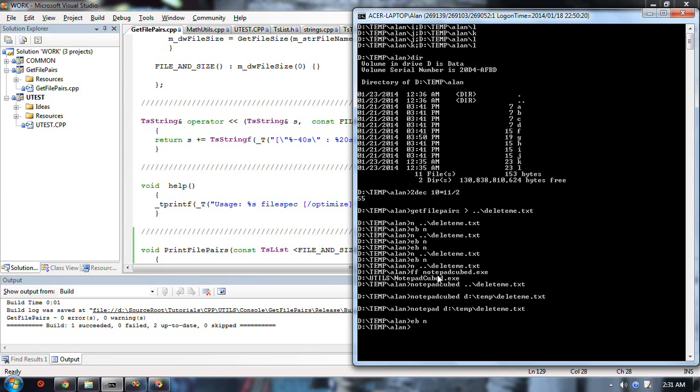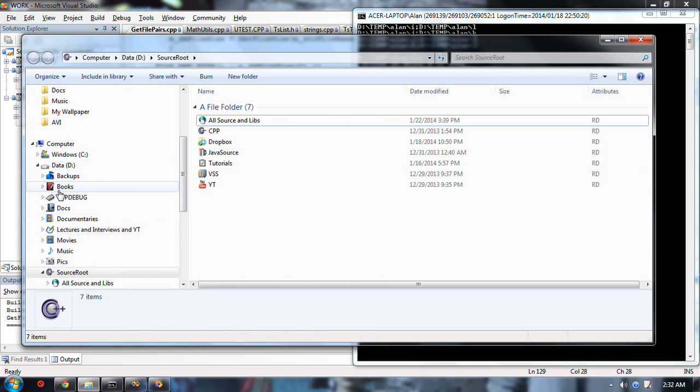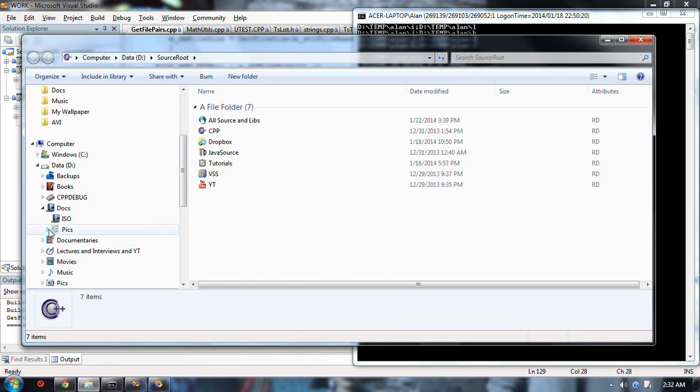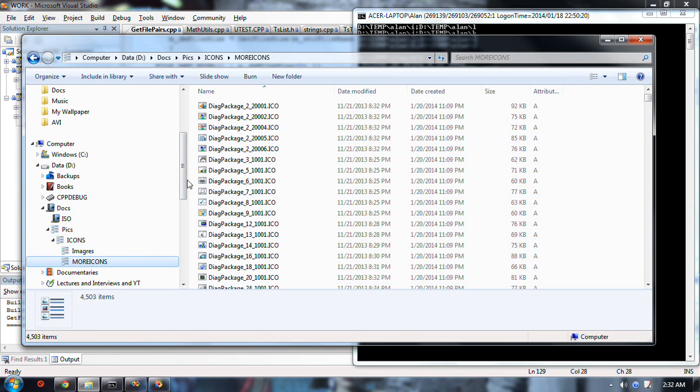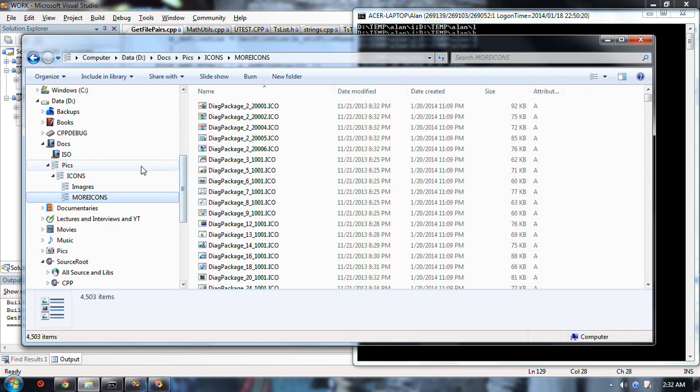Now, previously that directory, my icons directory, had almost 24,000 files. It's still under docs because there's a lot of things linked to it. Actually, it's not a bad place for these icons.